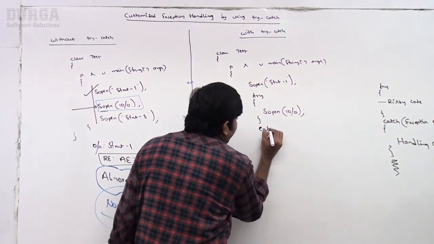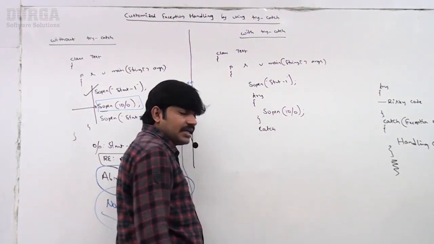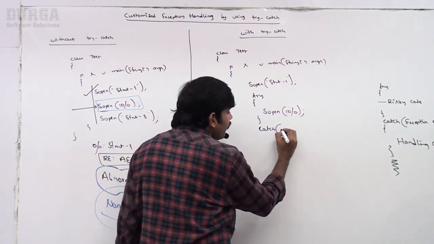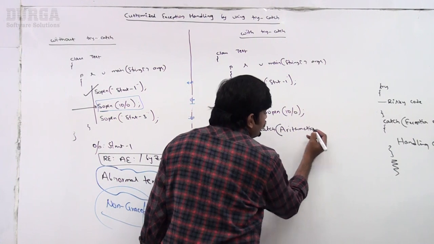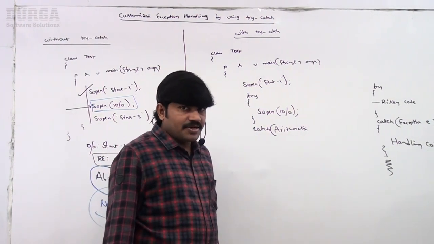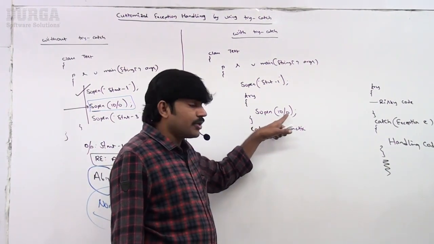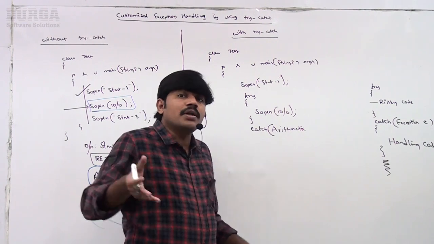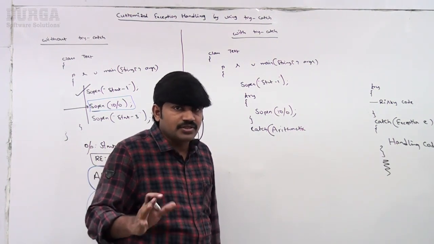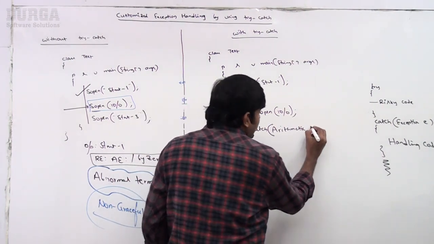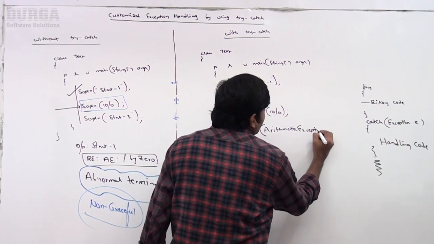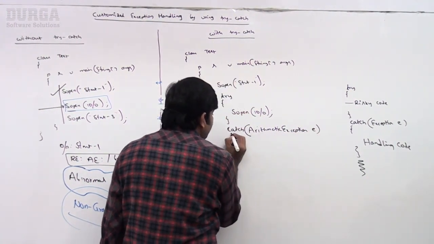Now the catch block. Here I'm taking the catch block: if an arithmetic exception is raised. Because in this risky code, which exception is possible? Arithmetic exception. Being a programmer, you know what type of exceptions may arise in this code, so you should be aware. Catch ArithmeticException e.